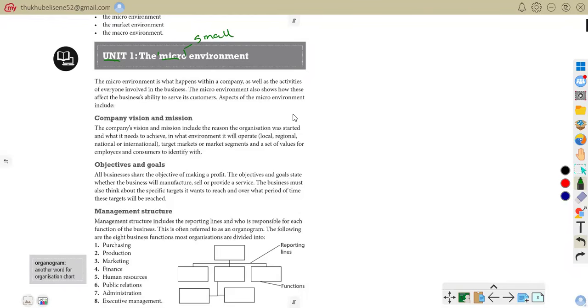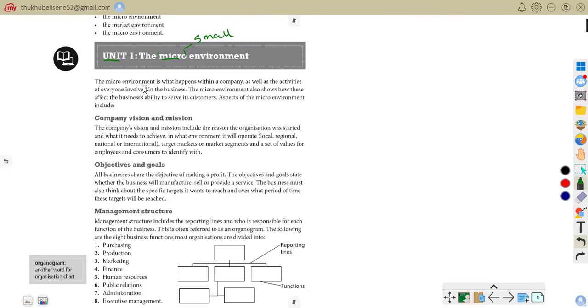In business, micro refers to factors that are within the control of the organization, such as company policies, employees, and resources. So that's what it is.